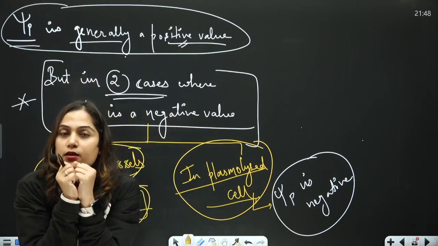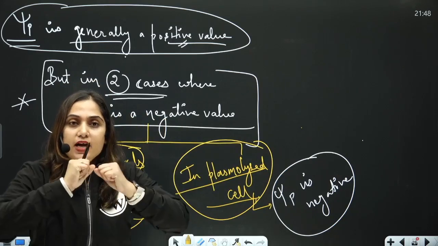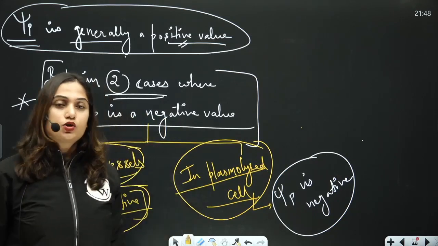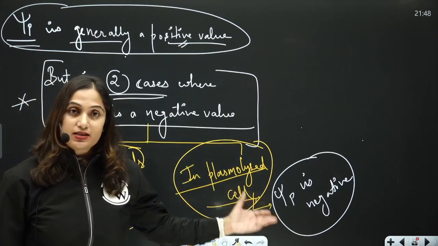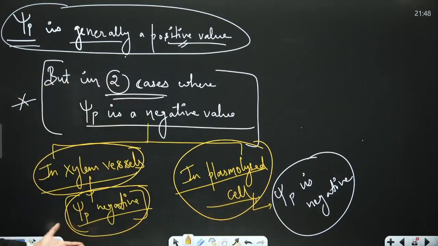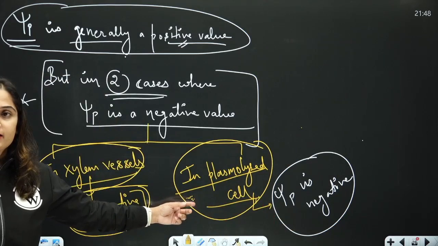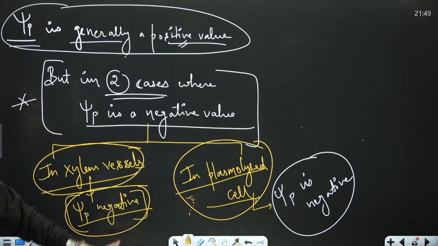So there is no pressure applied out towards the outer wall of the cell. So the psi P is negative. These two are the important cases: inside xylem vessels and in the plasmolyzed cell. What is a plasmolyzed cell? I'll tell you in the later part. For both of them, psi P is negative. Otherwise, it is generally a positive value.